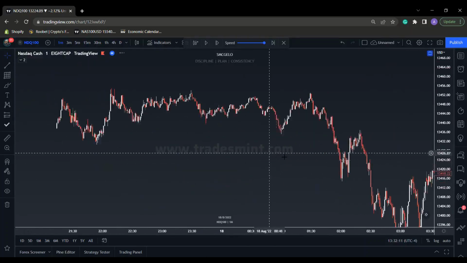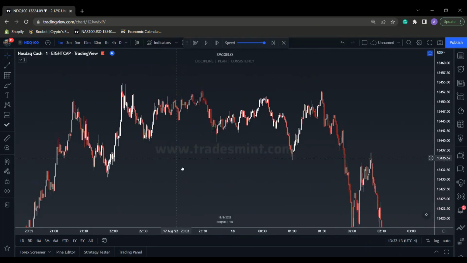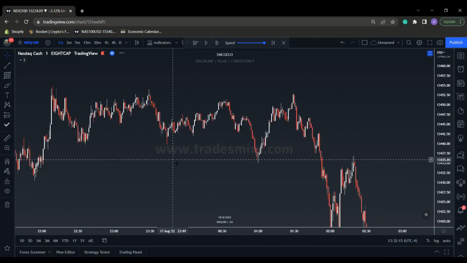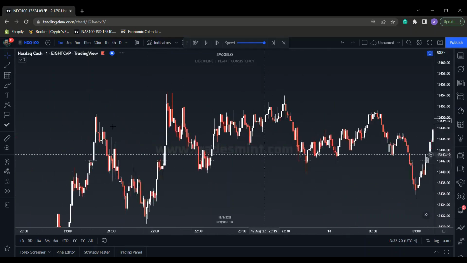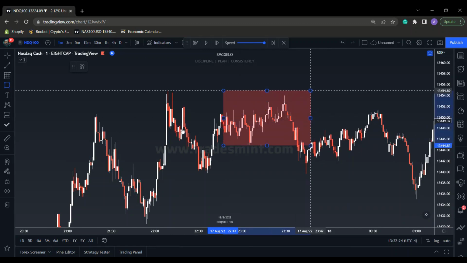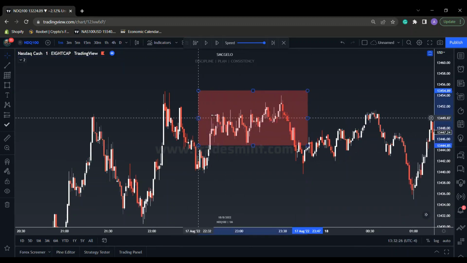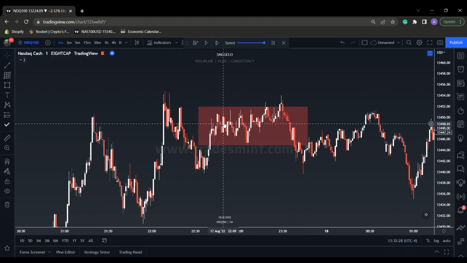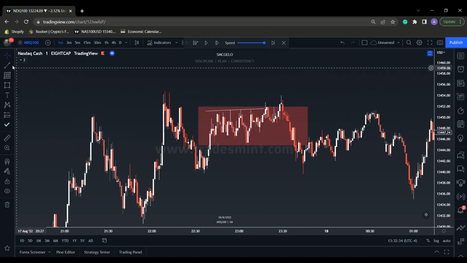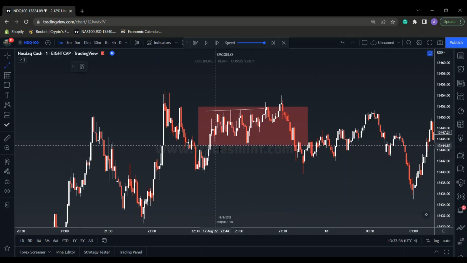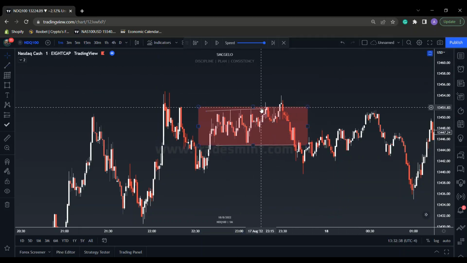When price is consolidating, so say right here, okay, price in consolidation zone, right? Price then stops out all the sellers, and then price stops out all the buyers.